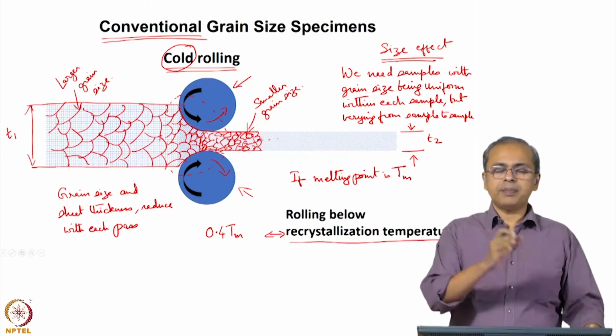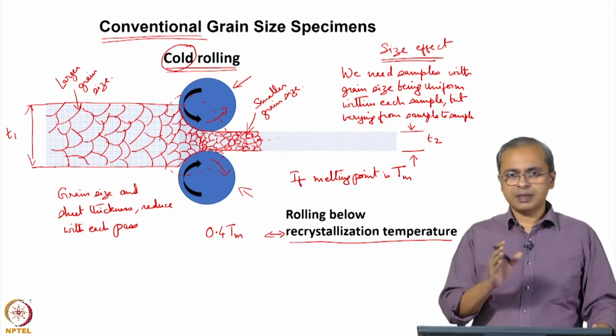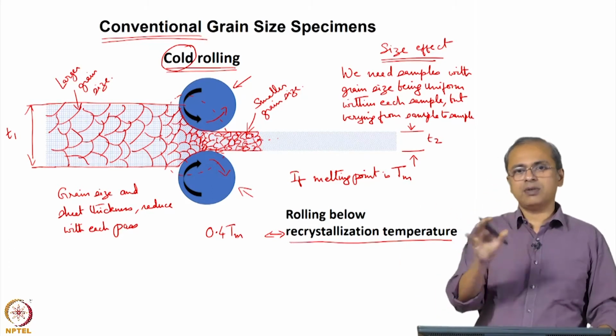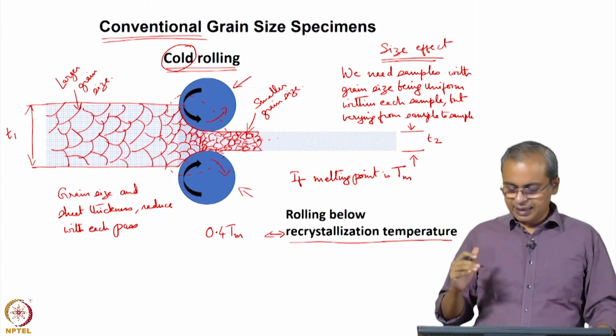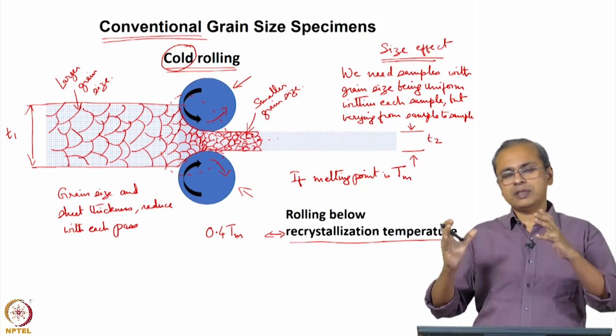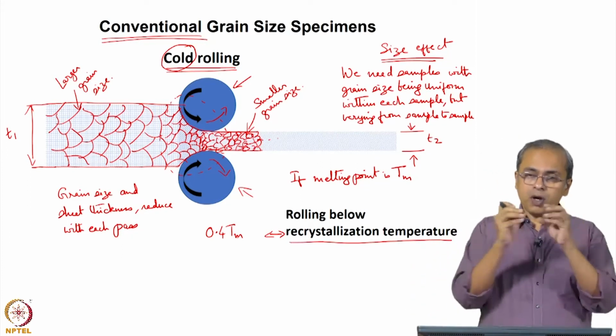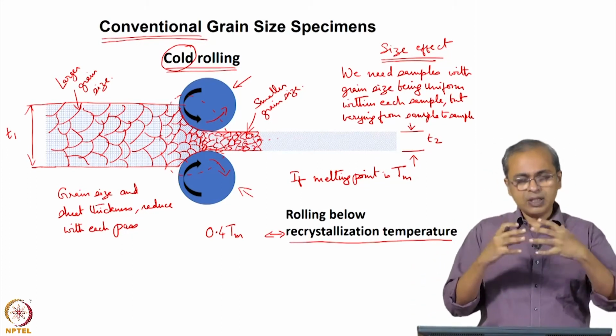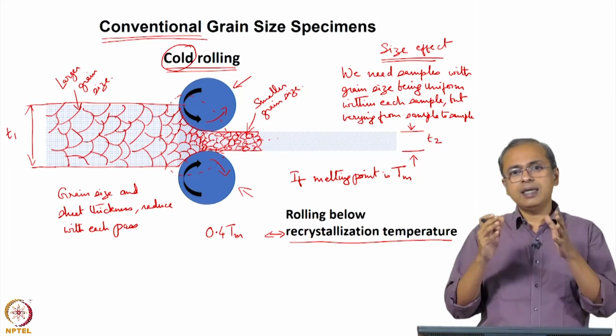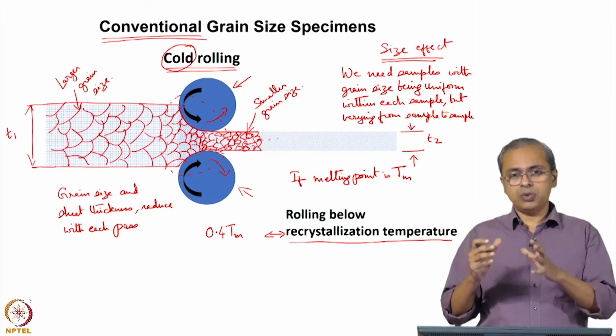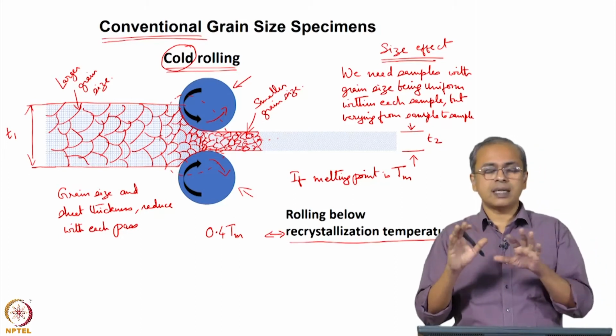So, sometimes it is 30%, sometimes 40%, sometimes 50%. So, 0.3, 0.4, 0.5 in that range of the melting point, and that is the recrystallization temperature. You have to stay below this. What happens is, if you cross this temperature, the small crystals that you have created actually have higher energy because you have created more grain boundaries, and as you know, grain boundaries have bonds that are not satisfied.